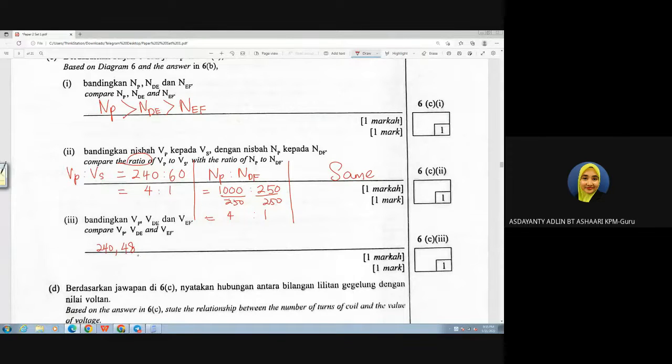VEF 12. So it asks to compare. So VP is greater than VDE, greater than VEF. This is the answer. Right? 240, then 48, and then 12. Can?